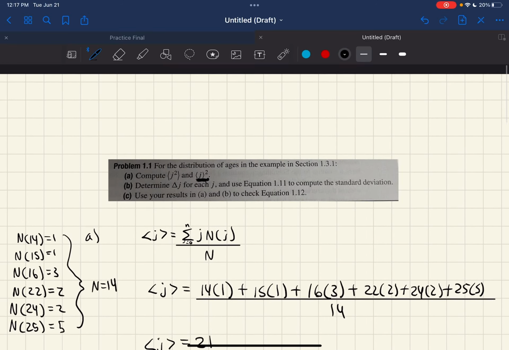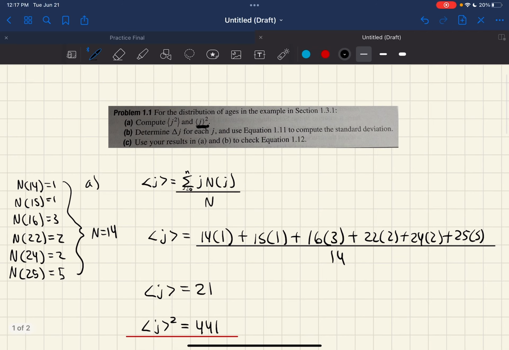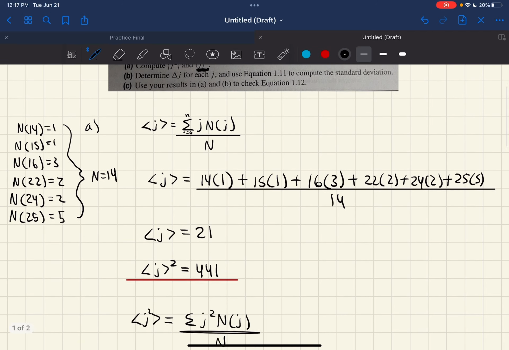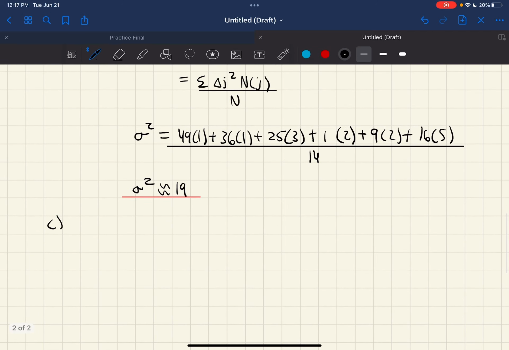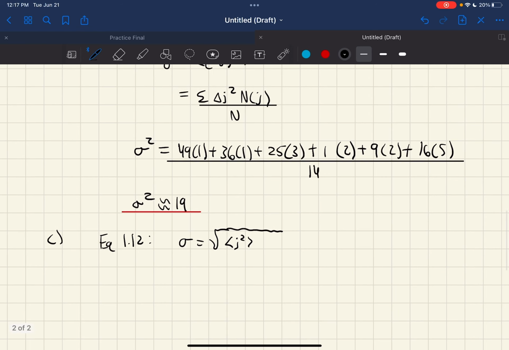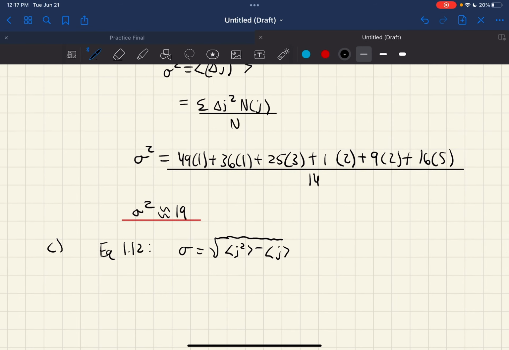And now for part C, we're going to use our results in part A and part B to check equation 1.12. And what is that? Equation 1.12 is the standard deviation is equal to the square root of the expectation value of j squared minus the expectation value of j, quantity squared. So let's calculate this.